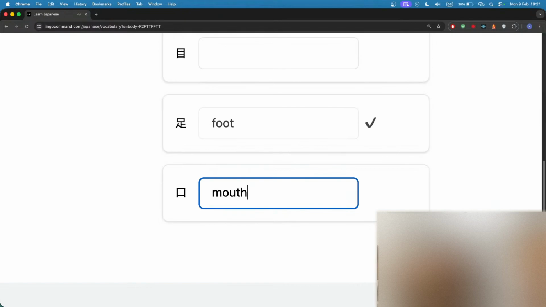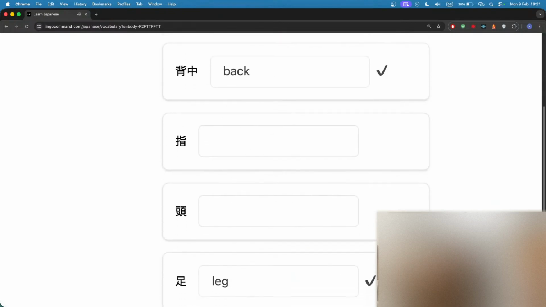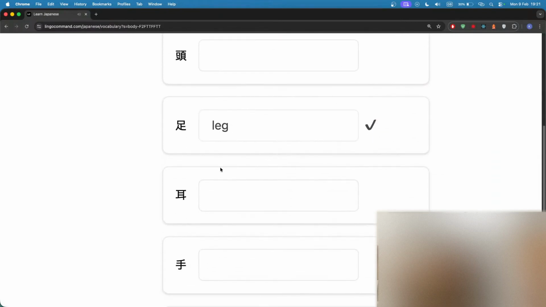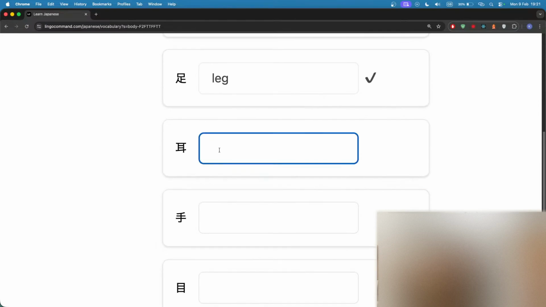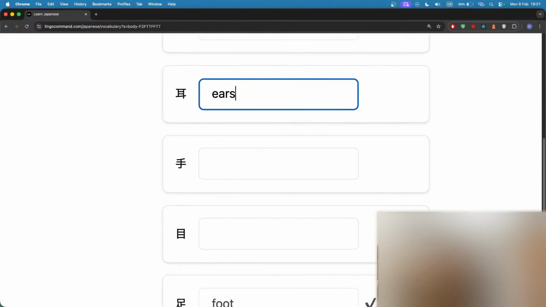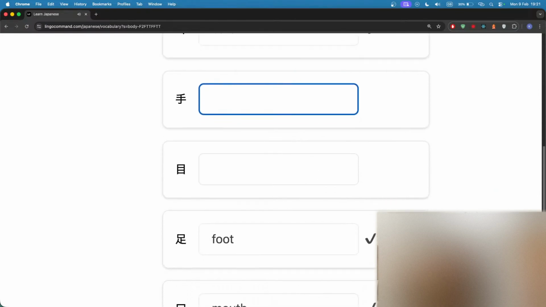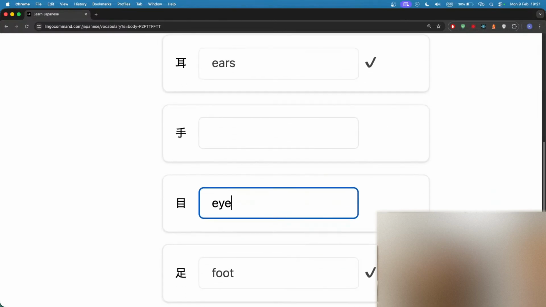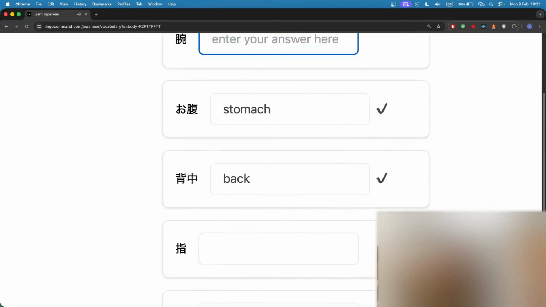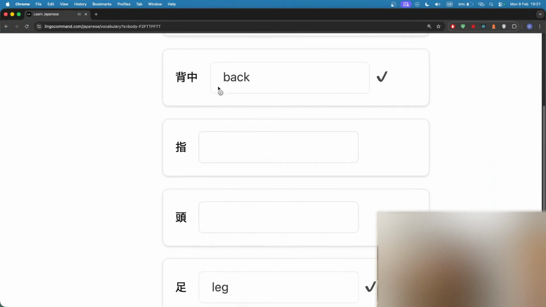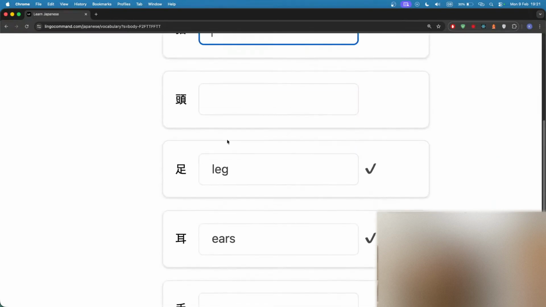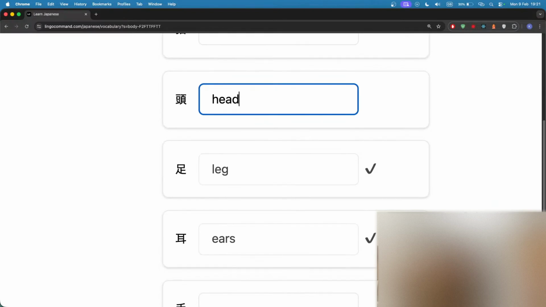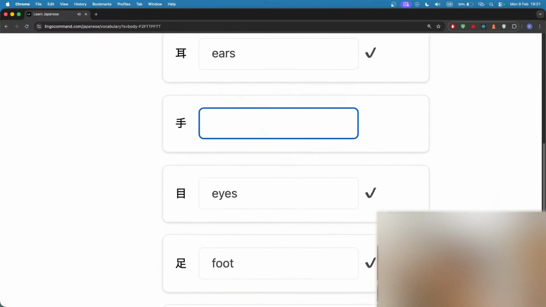I think this means mouth. Is this ears? And I think this might be eyes. And this is atama. This is crazy.